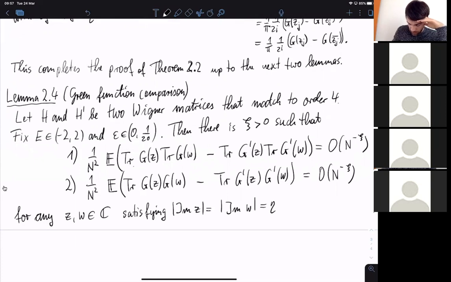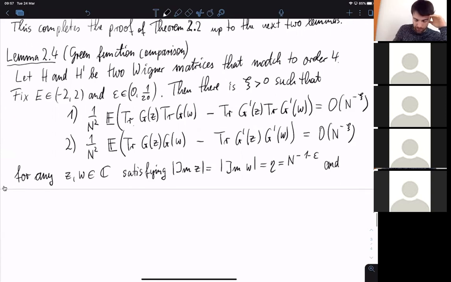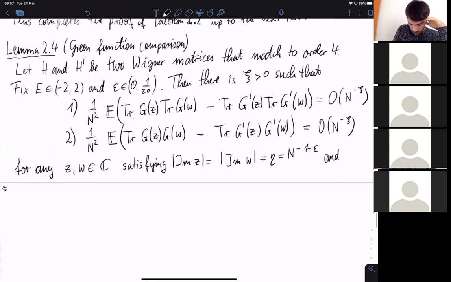This is equal to eta, which is n to the minus 1 minus epsilon. So just a little bit better than what we had before. And we need that the real parts are close to E, and they have to be as close as 1 over n.